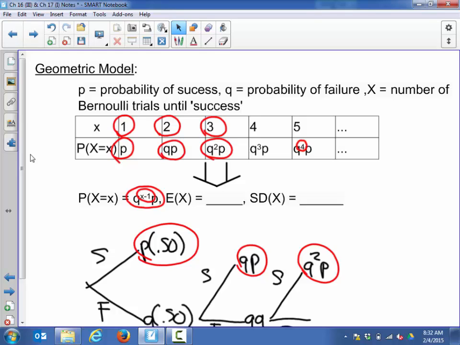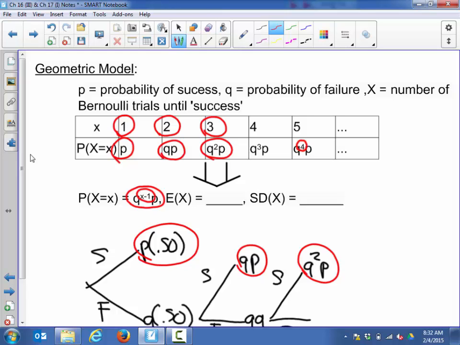Well, the expected value and the standard deviation for the geometric model are as follows. The expected value of the geometric model is derived for you on the third page of chapter 17 in a math box.